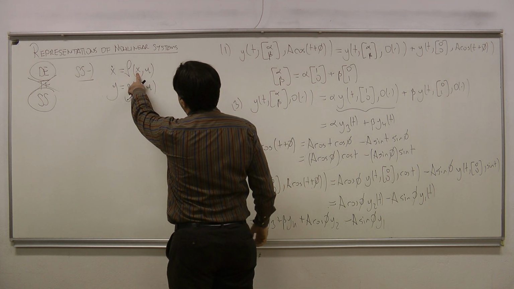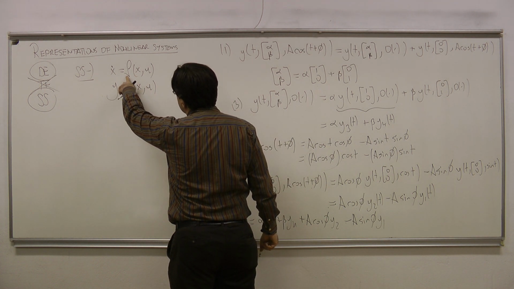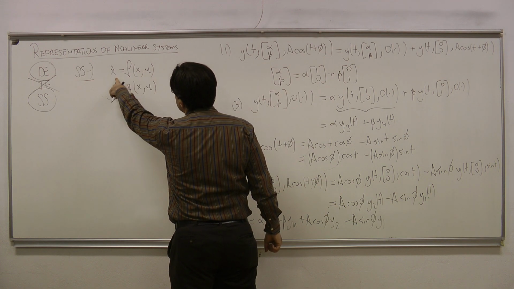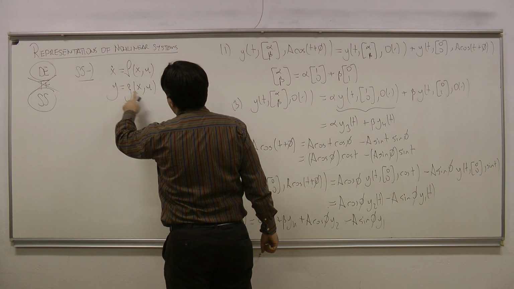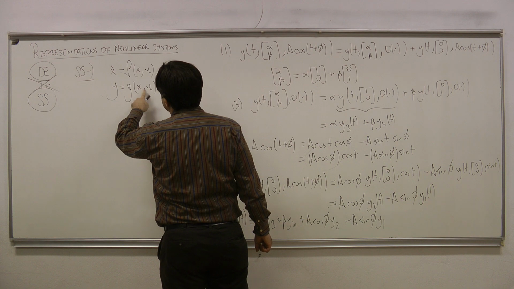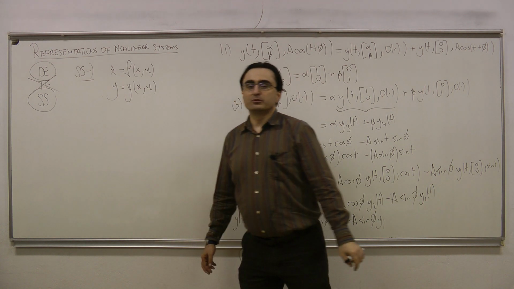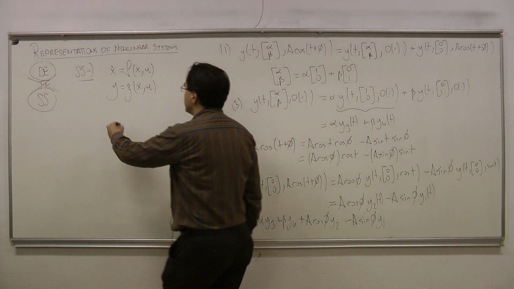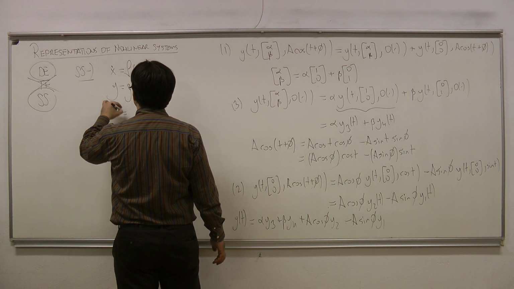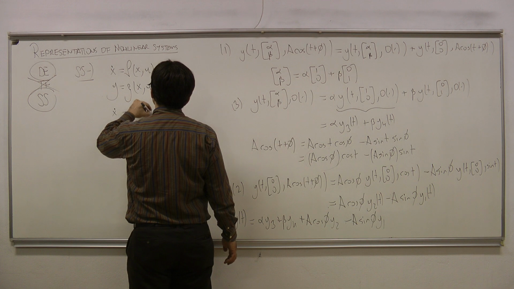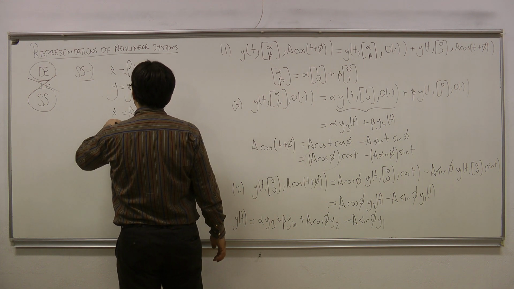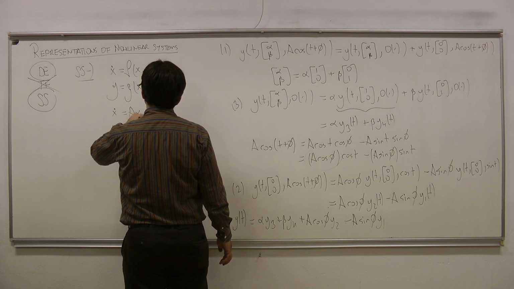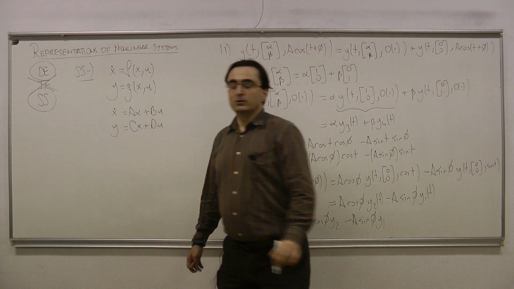So we have in general a nonlinear function of x and u in the state equation, and we have a nonlinear function of state and the input in the output equation. Okay? Remember what the state space representation of a linear system would be looking like. It is just this: y is equal to Cx plus Du.